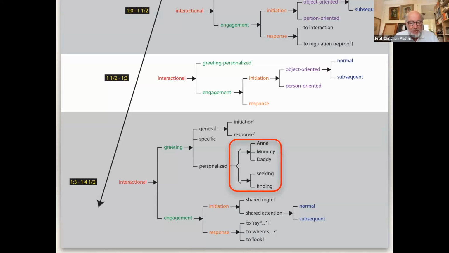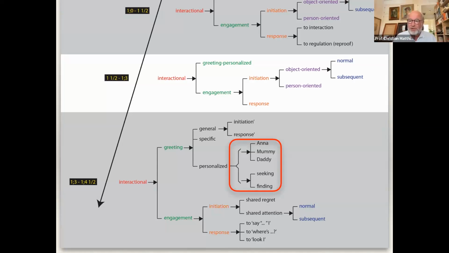So if a greeting is personalized, he's now spliced apart the representation of the person being addressed, Anna, Mummy, Daddy, a small universe of interaction, and a kind of proto-mood. Is he seeking these or is he finding them?